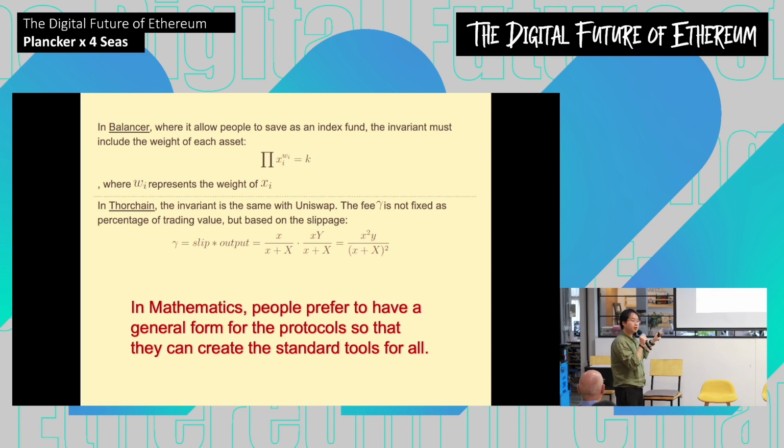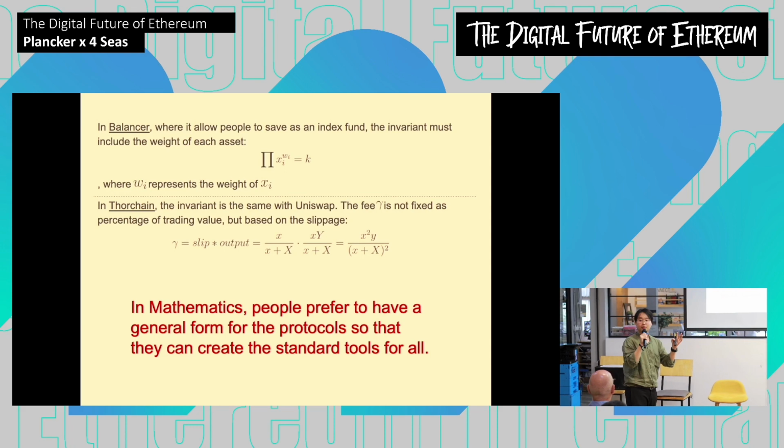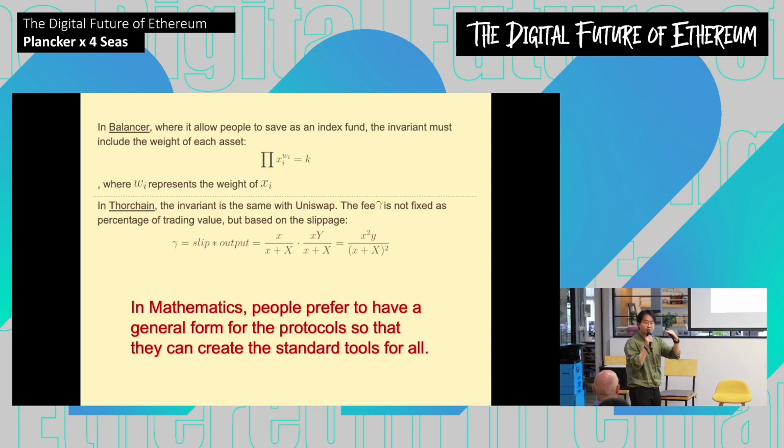But in THORChain, they use a technology called Bifrost to be a new blockchain that connects to other blockchains via observation by the THORChain nodes. So you can swap Bitcoin from your Bitcoin address, from the UTXO, to the actual Ethereum, and things like that.